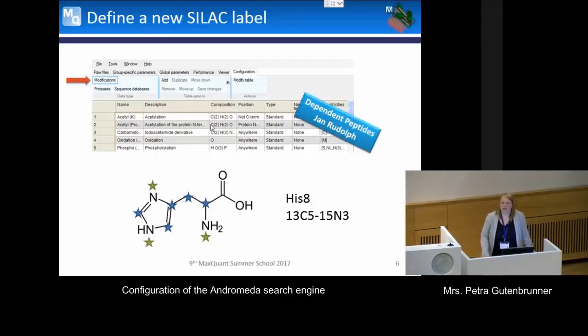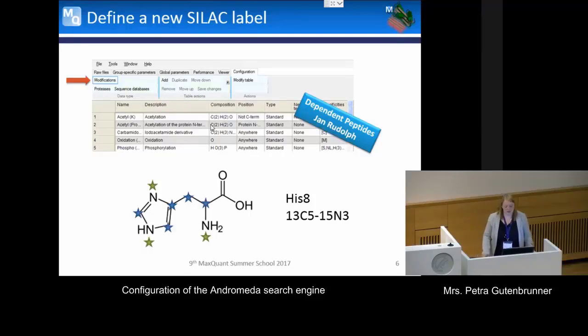So the next is I want to draw your attention to the dependent peptides. When you define modifications in the search, in order that the search engine looks for the additional modification, you're very biased. If you would not set that, it would not be possible to have these peptides with this modification in the result.